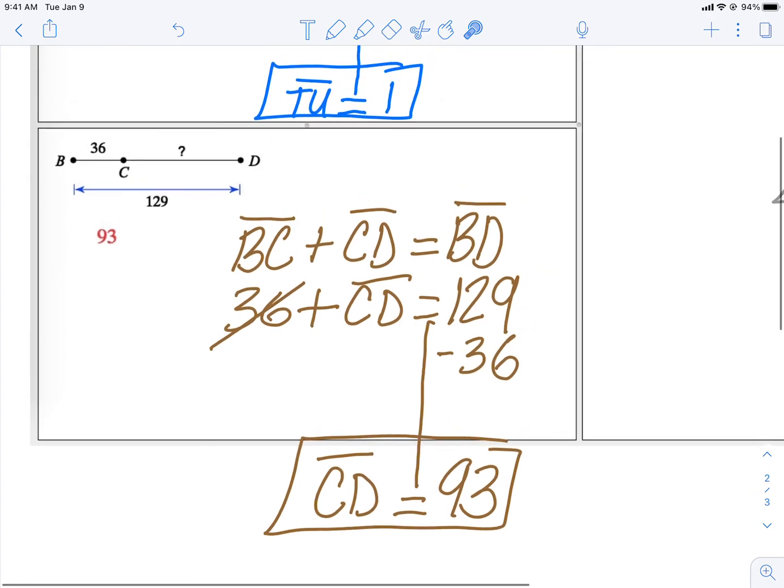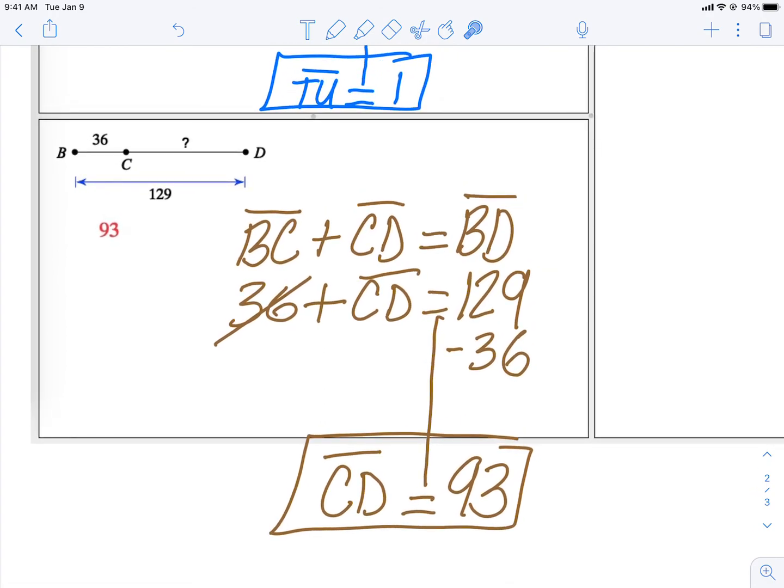See? So from C to D is 93. From here all the way to here is 93. And 93 plus 36 is equal to 129. So there we go.